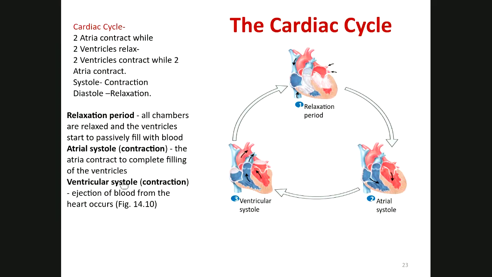And then ventricular systole is ventricular contraction, where the ventricles contract, pushing this blood into the systemic or pulmonary circulation. So it's this continuous cardiac cycle of relaxation, atrial systole, and ventricular systole. So the atria contract while the ventricles relax, and then the ventricles contract while the two atria relax. So systole means contraction, and diastole is the relaxation.